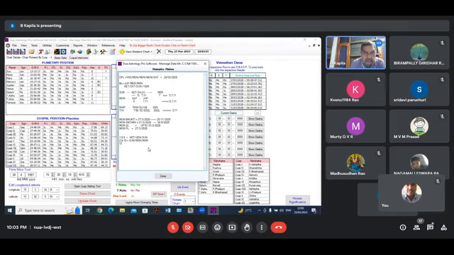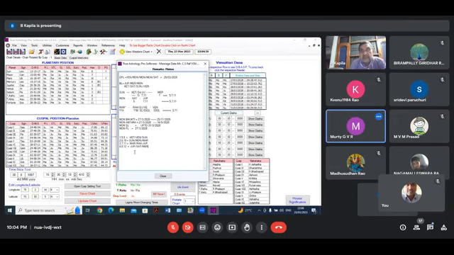Then it is 3, 7, and 11. The star lords are Mars, Rahu, Jupiter. And for 4, 8, and 12, it is Jupiter, next is Saturn, next is Mercury.